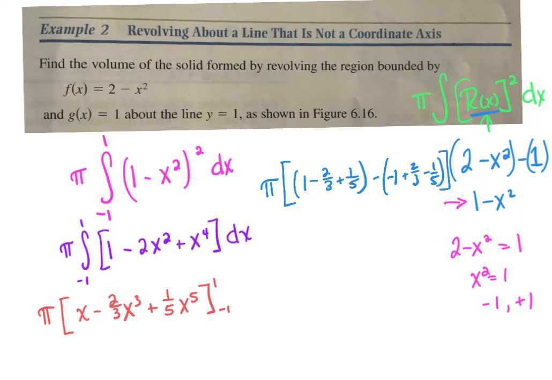And so distribute that negative, you get 1 plus 1, -2/3 minus 2/3, and then 1/5 plus 1/5. And your common denominator here is 15. So you end up with 30 over 15 minus 20 over 15 plus 6 over 15. So you get 16 pi over 15.